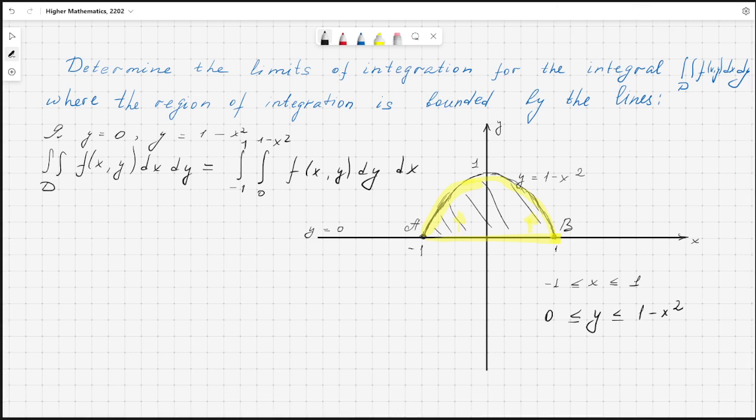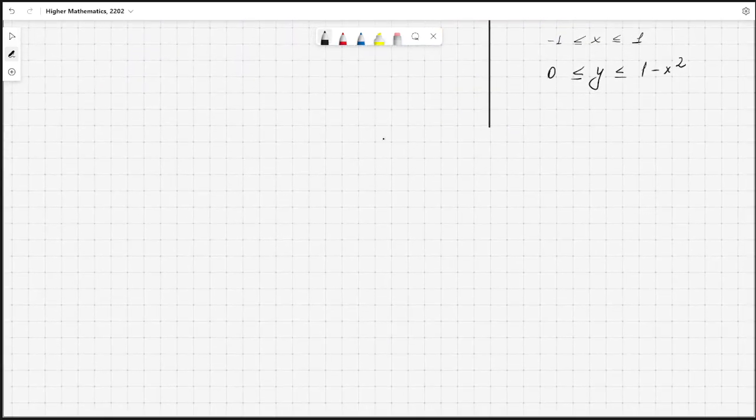Next, 11. Y is 2 over 1 plus x squared and y is x squared.